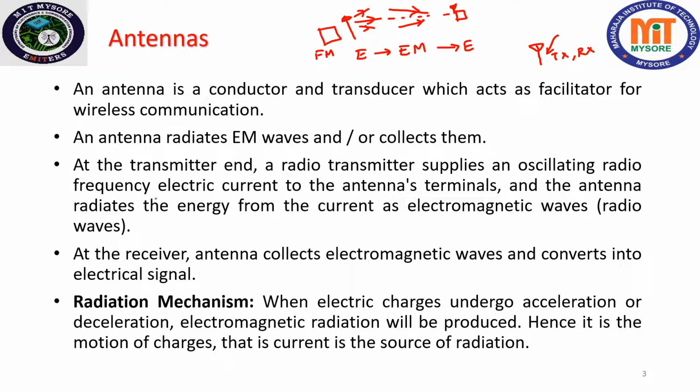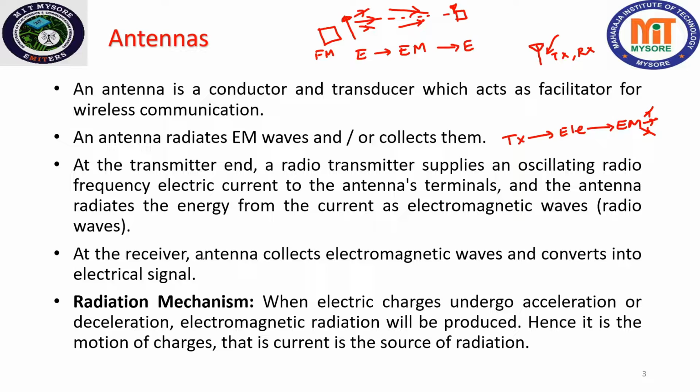Okay. So at the transmitter end, the radio transmitter supplies an oscillating radio frequency electric current to the antenna's terminals, and the antenna radiates the energy from the current as electromagnetic wave. So as indicated, at the transmitter end, electrical signal is converted into EM wave and it is radiated into the space.